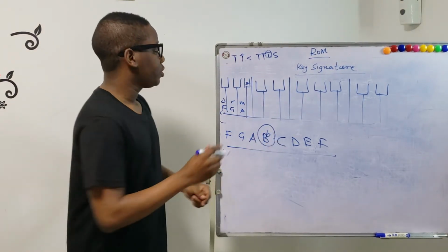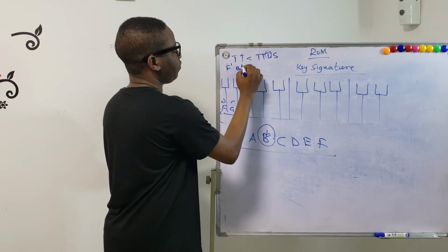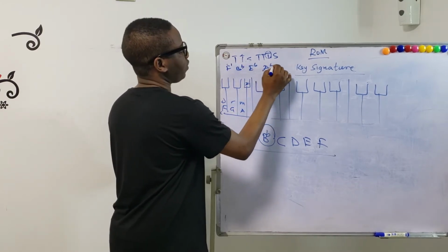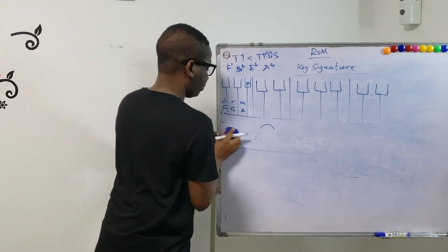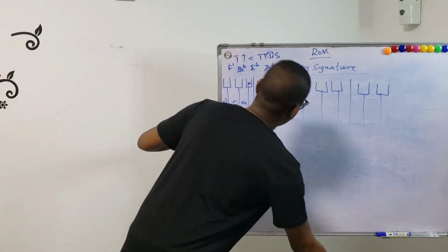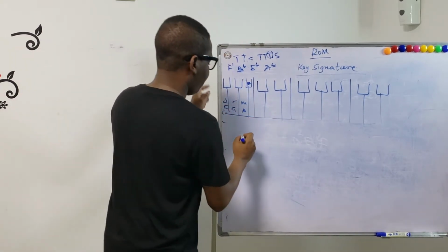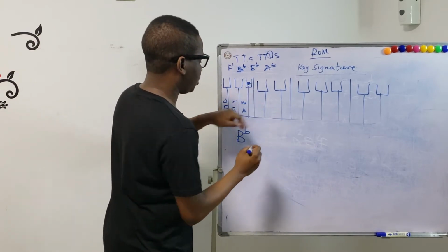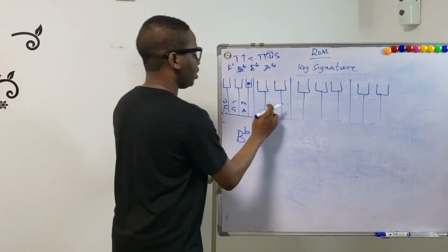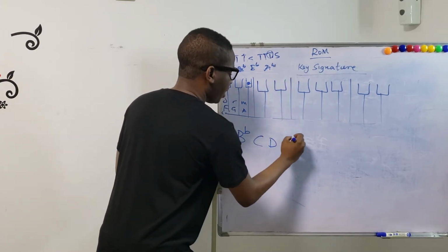B is flattened and is the only note that is flattened, which makes one flat on a piece of music in F major. Okay, the same thing applies to, we said F, B flat, E flat, and A flat. The same thing applies to B flat. Now let's check B flat. If this is our B flat, we have B flat, and the next one should be C, the next one should be D, and the next one of course should be E flat.